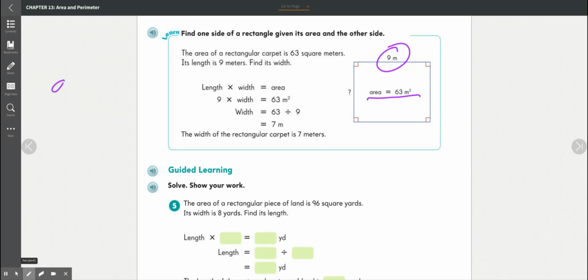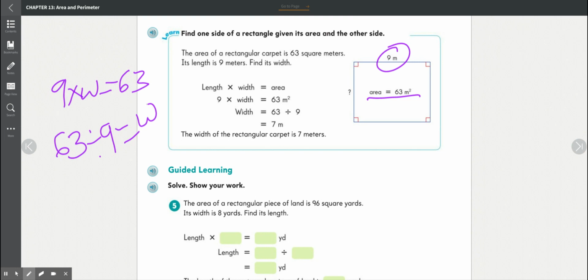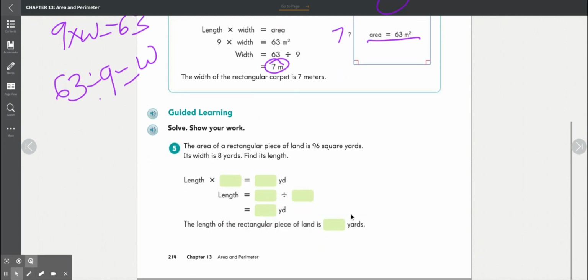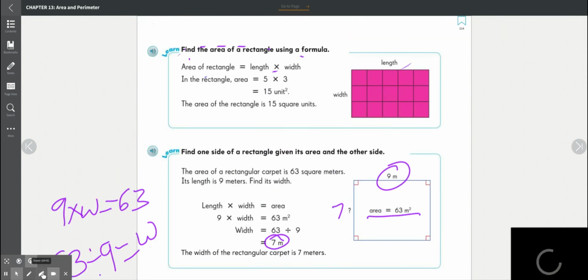So if I know that 9 times the width is equal to 63, I'm going to do the opposite operation. The opposite of multiplication is division. So I'm going to take 63 and divide it by 9, and that's going to give me my width. And when I divide 63 by 9, what I'm left with is 7 meters. So the width of this rectangle is 7 meters. You can go ahead on your practice sheet and complete number 5 in your guided learning.